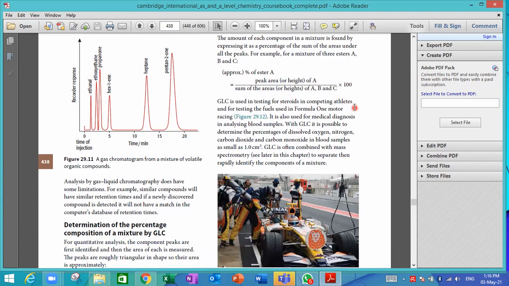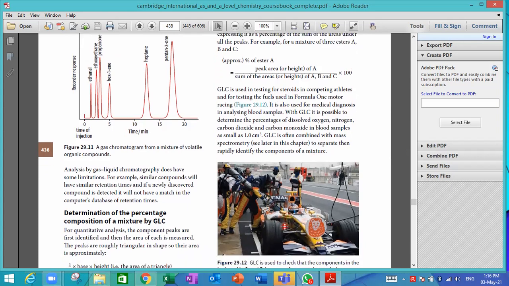Now, GLC is also used to test for steroids in competing athletes, like HPLC, we can use either this or that. And also to test whether the fuels used in Formula One motor racing have the properties that they should have. So they can also use gas liquid chromatography.